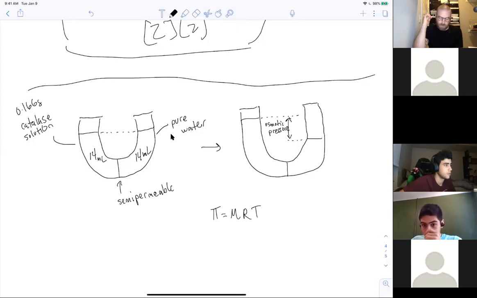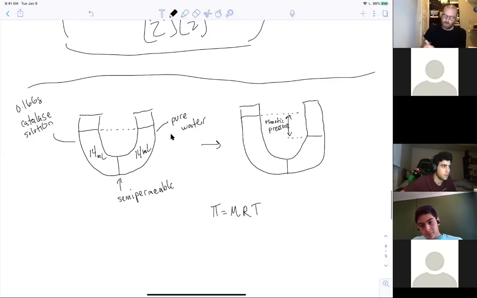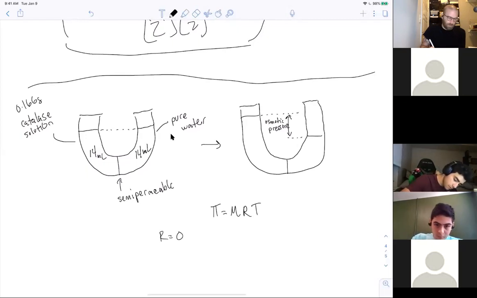They're being a pain here, and they're giving us our osmotic pressure in torr. So R here is going to be equal to 0.082 liter atmosphere per mole Kelvin.